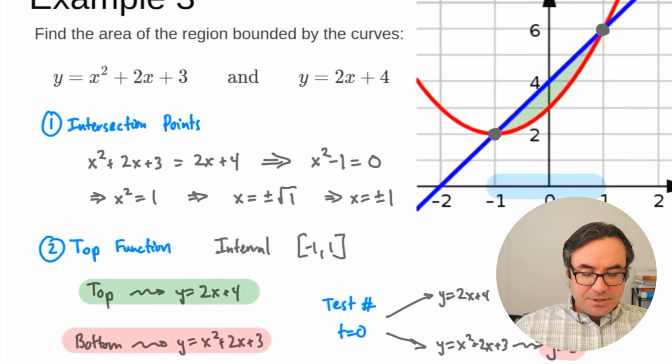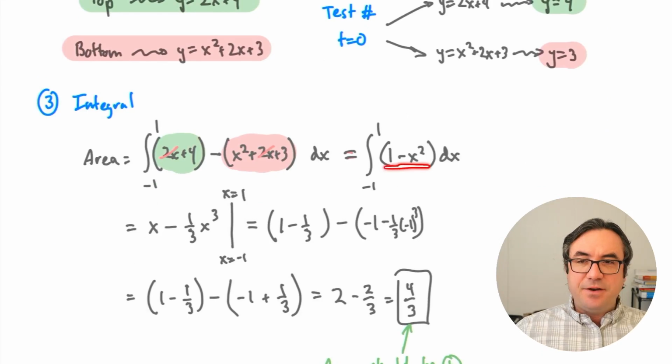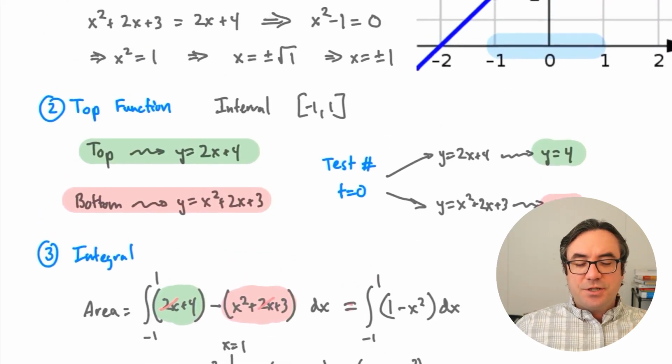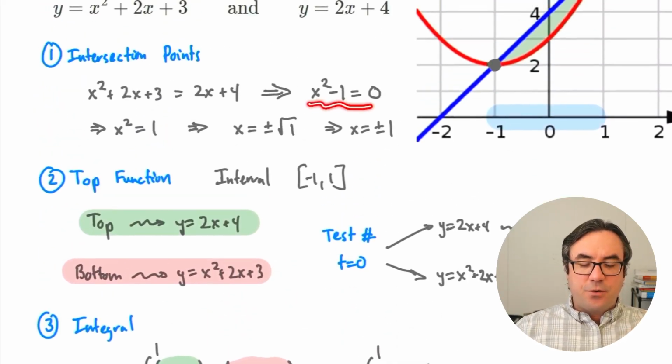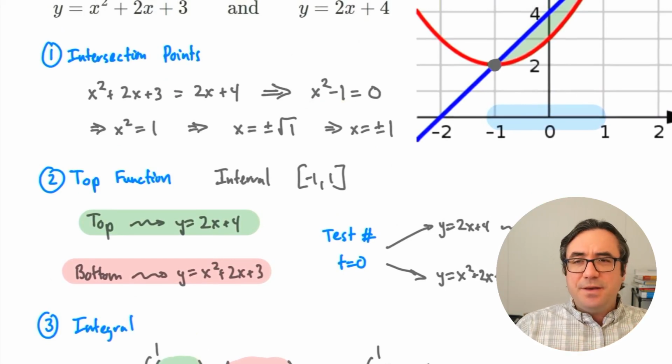And I was going to say one other thing here. When you get this simplified version of your function, this 1 minus x squared, it should look similar to this equation that we got when we were finding the intersection points. The negatives might be switched around based on how we solve the equation, but it should look similar.